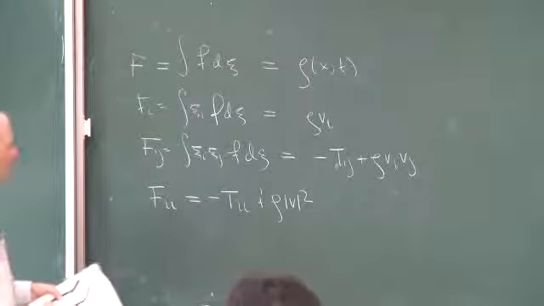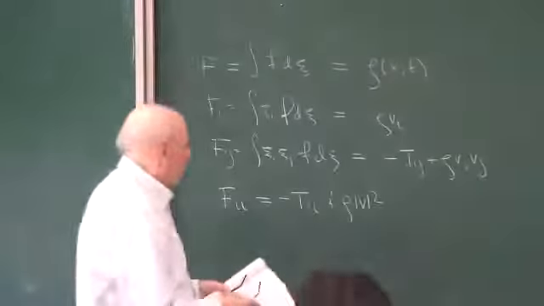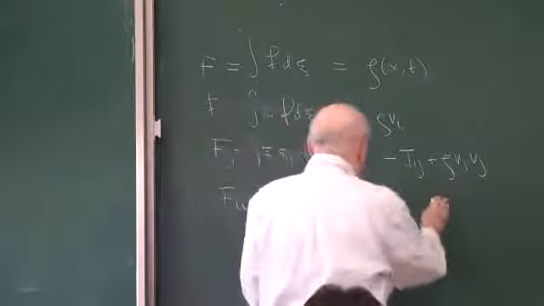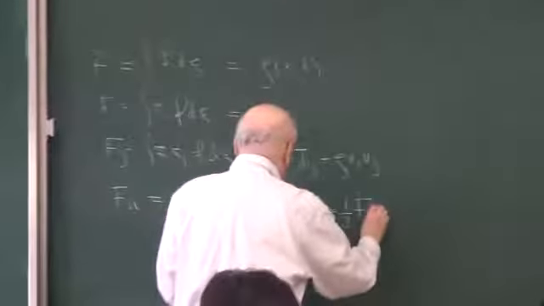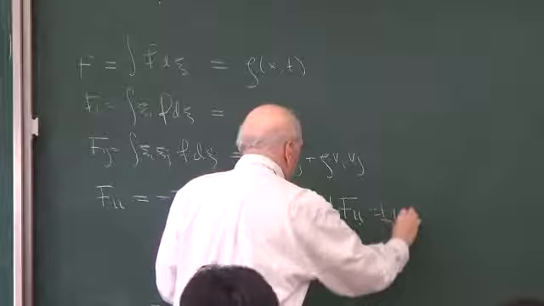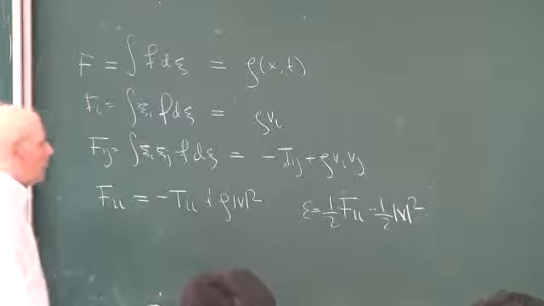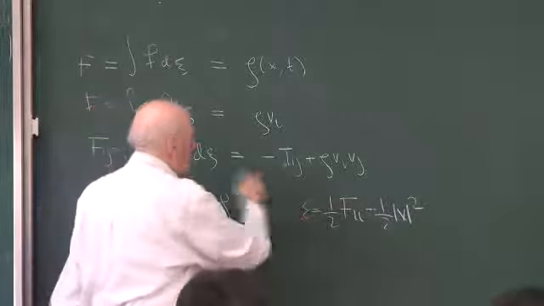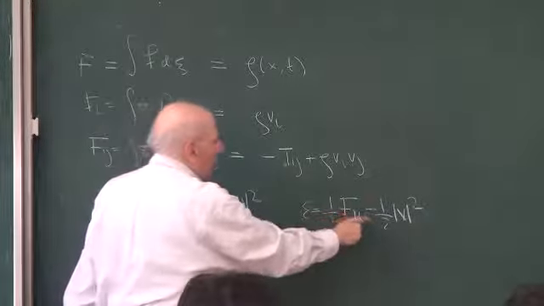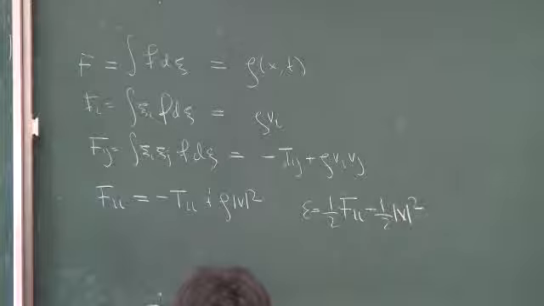And T was defined upstairs. So far I didn't do anything, but let's define epsilon as 1/2 F_ii minus 1/2 v squared. So what is this? I'm giving special preference to the trace, and epsilon will come to be the internal energy, which in everyday life is some multiple of the temperature.